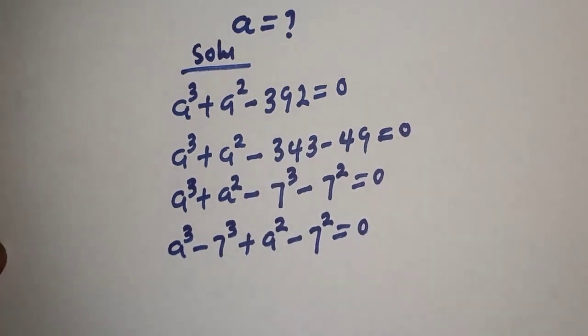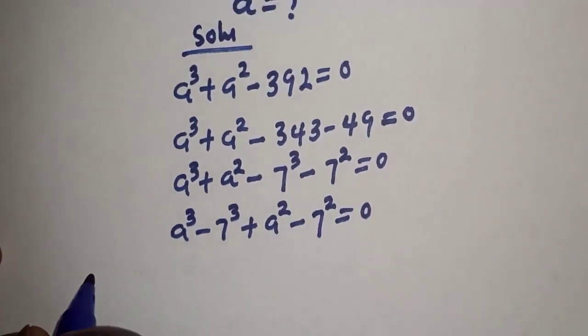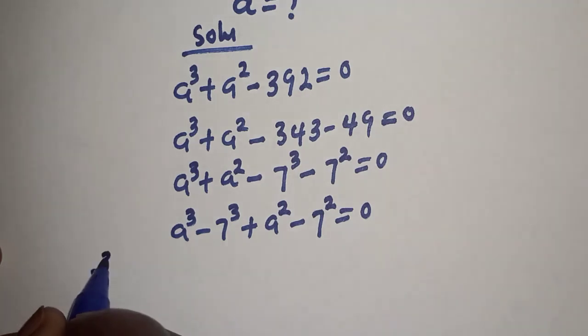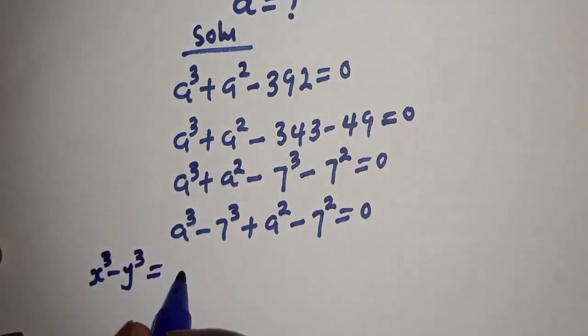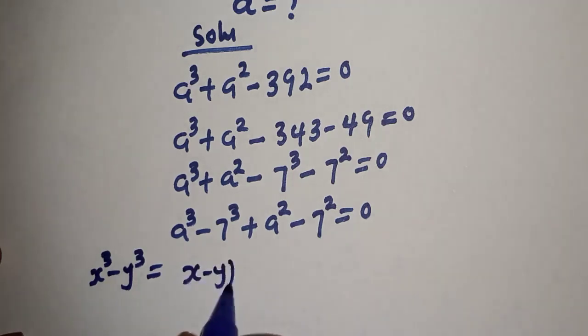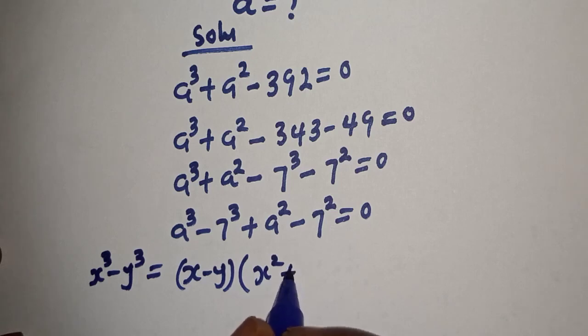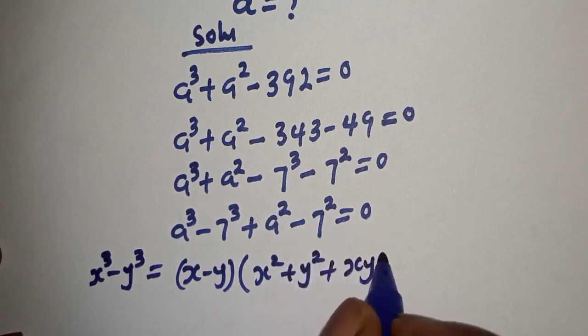Take note of this exponential rule that if you have x raised to power 3 minus y raised to power 3, this is equal to x minus y bracket x square plus y square plus xy.